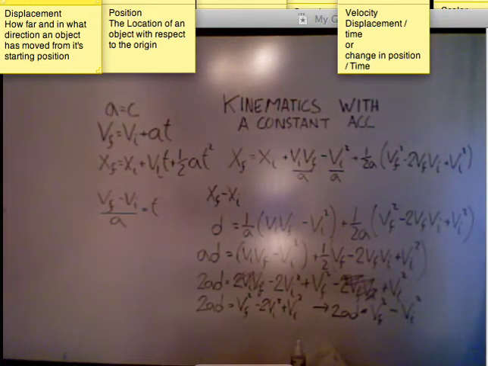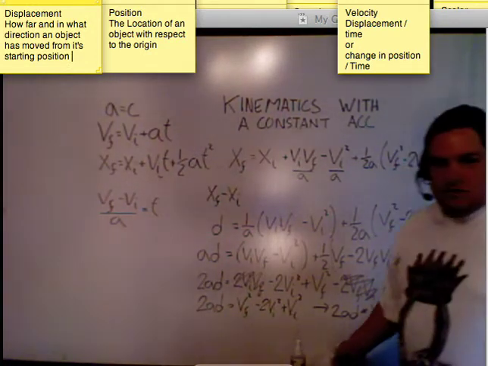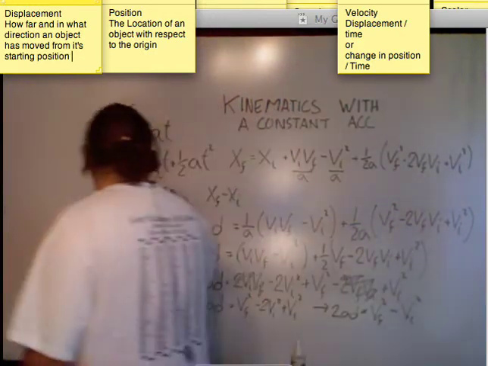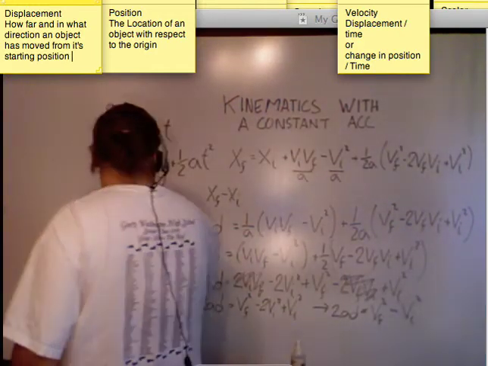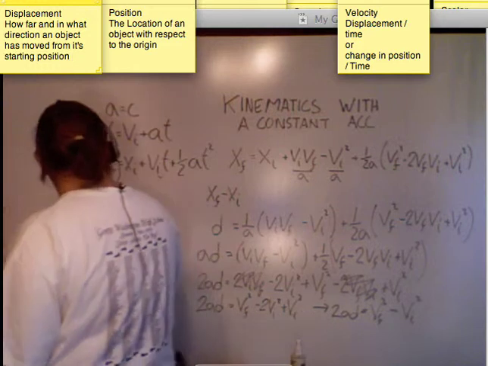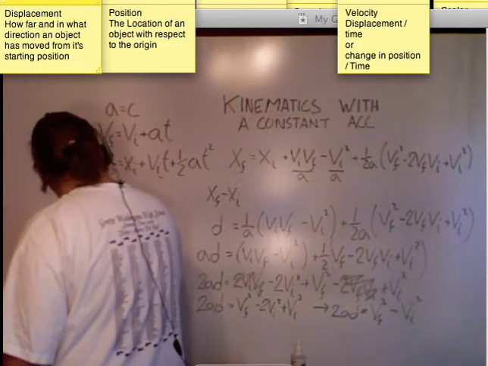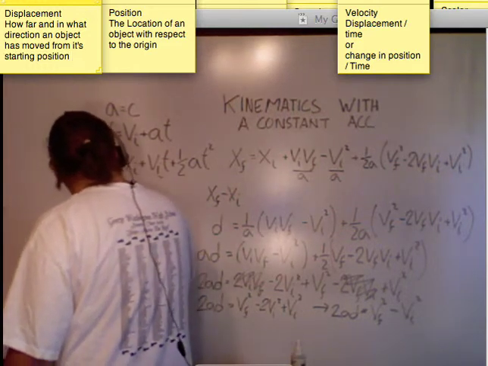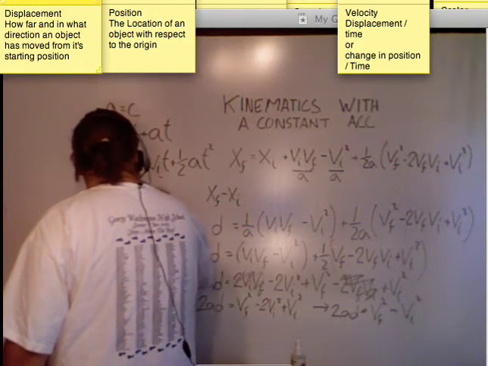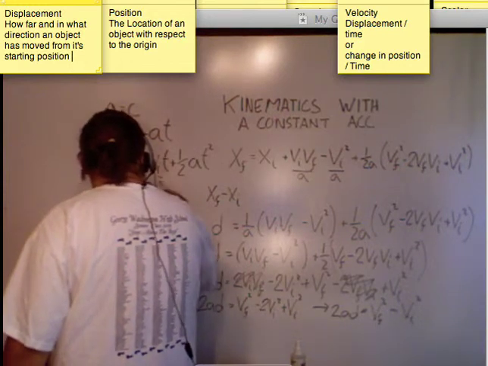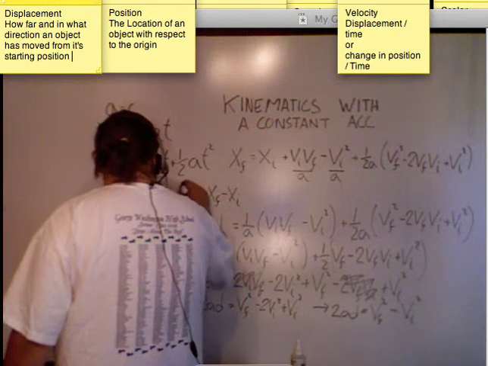Wow, a lot of crap to get to that very end. What I'm going to do is write that down right over here. So 2 times the acceleration times the displacement is equal to v final squared minus v initial squared.